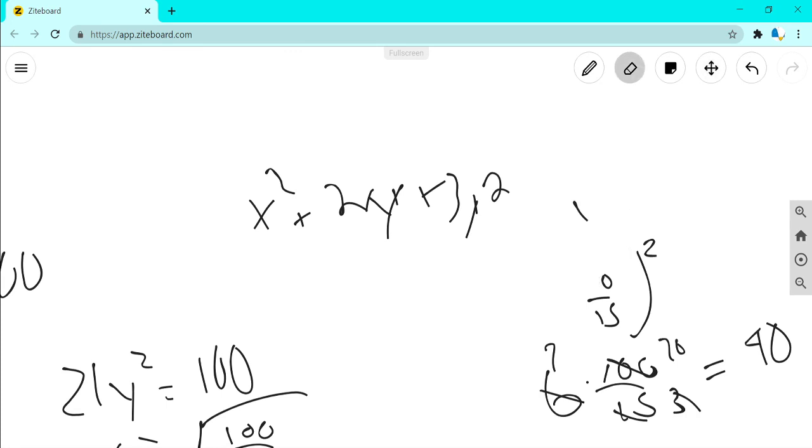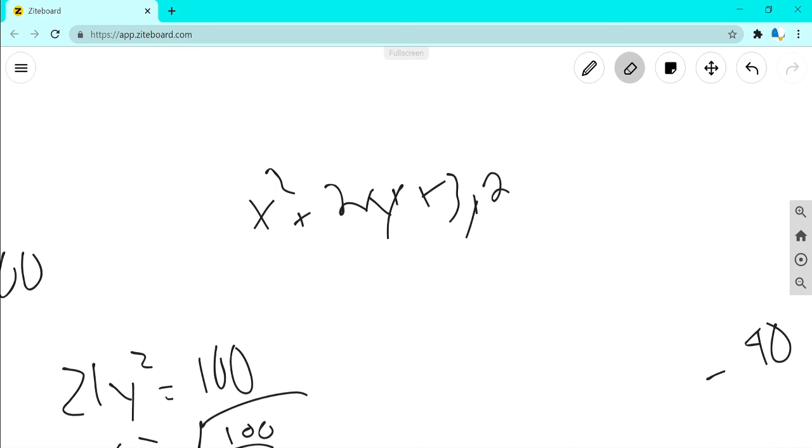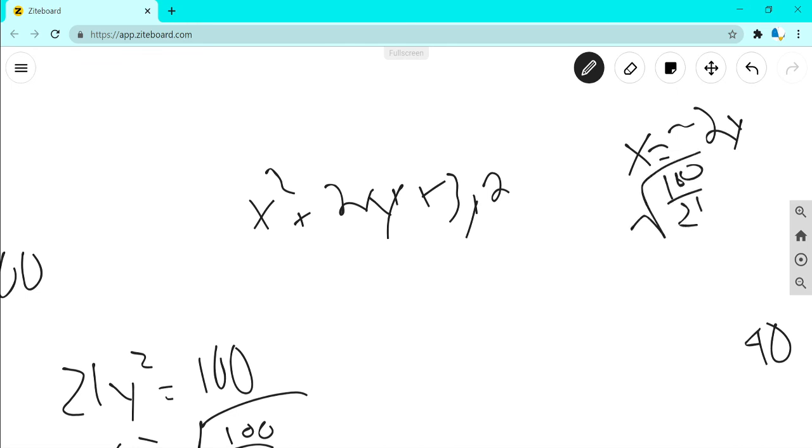So I'm going to erase this stuff. We got 40 down. And then when x equals negative 2y, remember we got the square root of 100 over 21 for y. If you plug in negative 2y for each x, you're just going to get 3y squared.